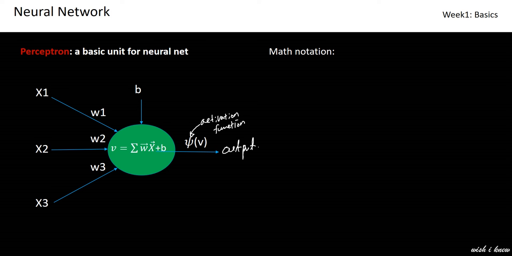But anyway, before we talk about the training, let's wrap up this mathematical notation. So this V, the summation of the weight vector and input vector, which is just a dot product, and then add bias, is called logit in TensorFlow. I don't know if other libraries call it logit as well, but I'll just name it logit.